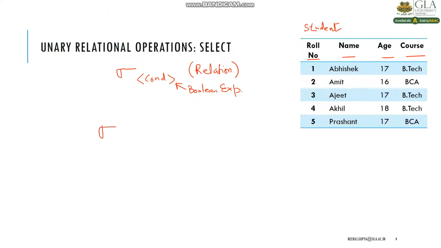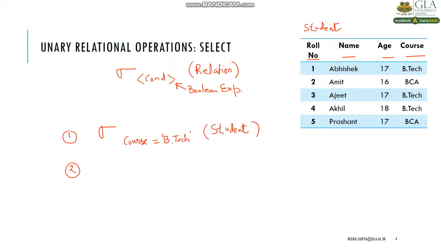We write sigma, and the condition is course equal to BTech, and the relation name is student. So this is the first relational algebraic query.